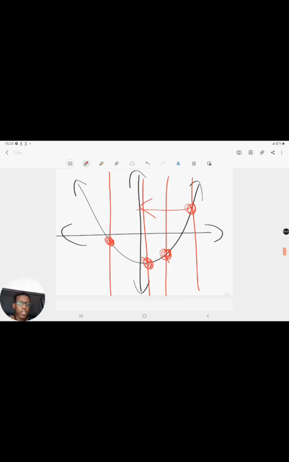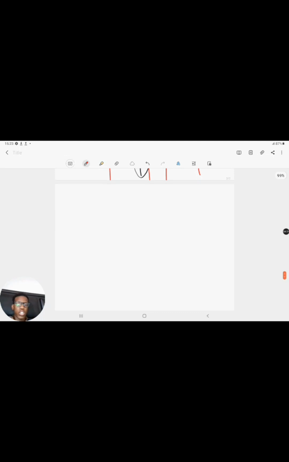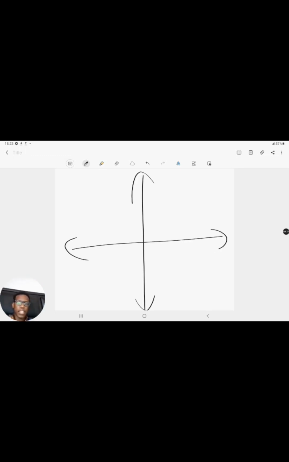Now this is in opposition to if I have something like this, where I've got my Cartesian plane and I draw a graph that looks like that. This is my graph, and I draw a vertical line. When I draw a vertical line, I see that there are two points that intersect the graph.